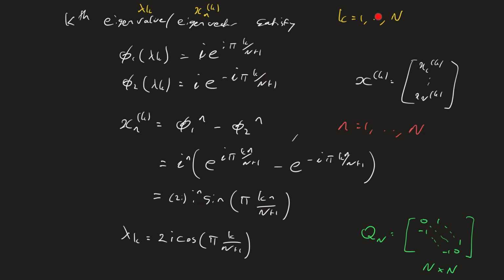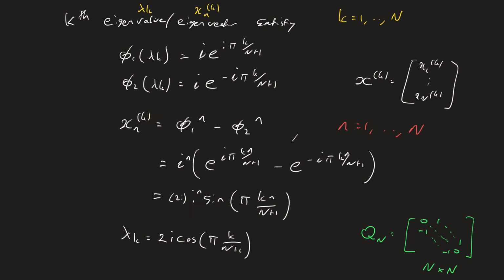There are n distinct eigenvalue-eigenvector pairs, which we index by k, going from 1 to big N. The kth eigenvalue is given by 2i cos pi k on big N plus 1. The corresponding eigenvector, which is only unique up to a scalar constant, is given element-wise by this expression here.